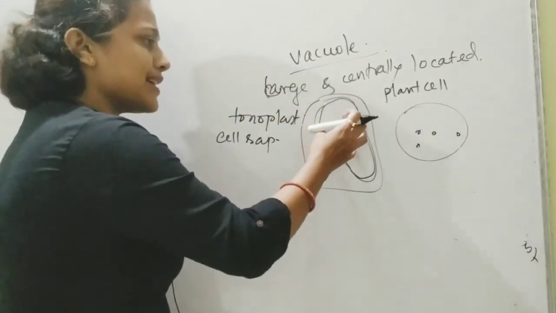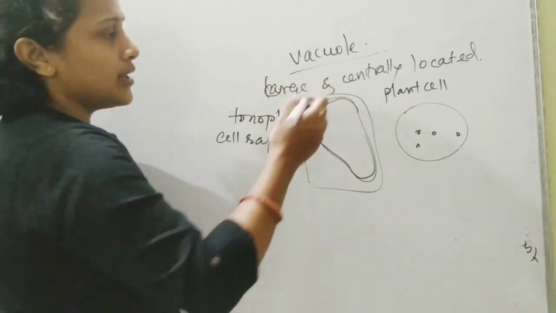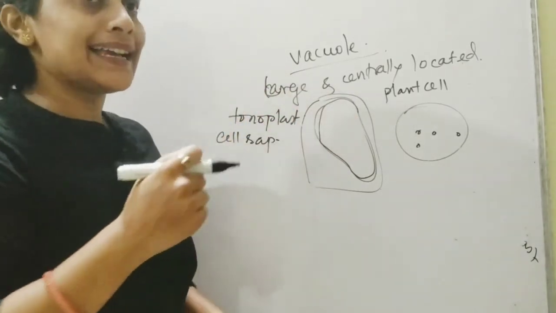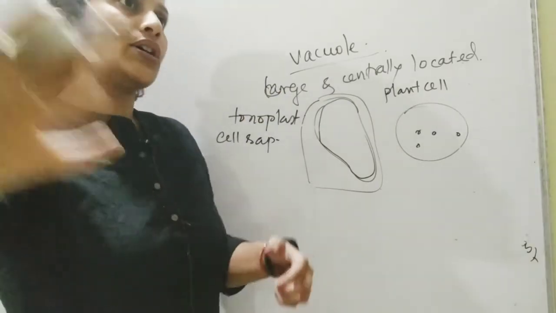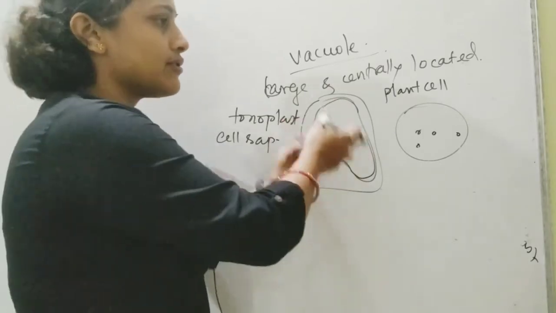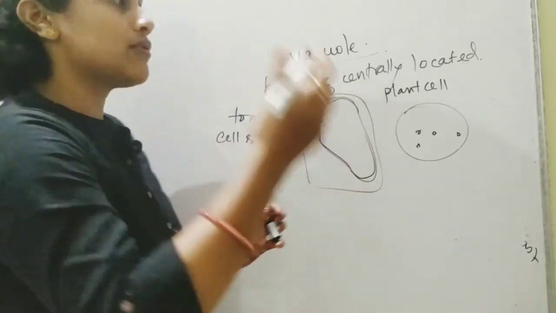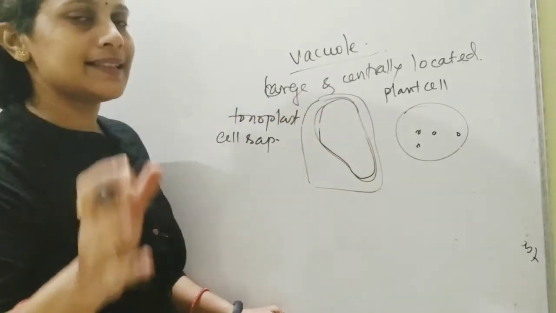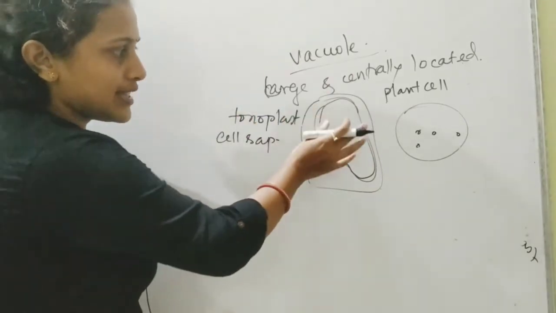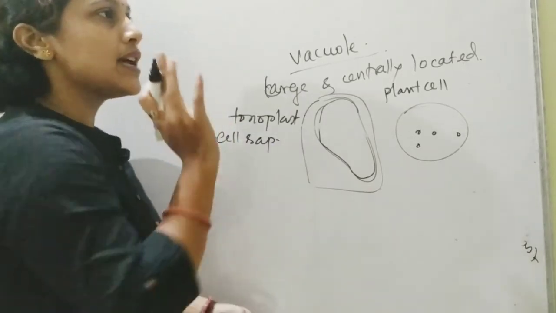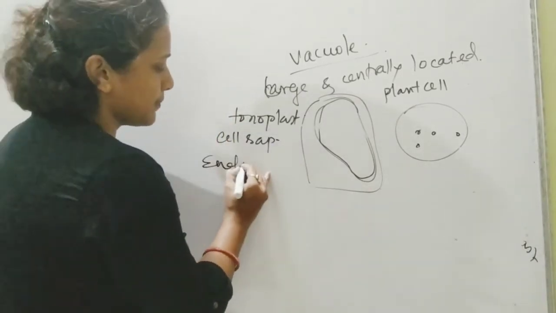The cell sap concentration is very important, and depending upon it, the plant will either absorb or lose water so that the concentration is maintained. We talk about endosmosis and exosmosis. It is completely based upon the concentration of the cell sap present in the vacuole. So if the cell sap concentration is very high in comparison to the outer environment, then there will be endosmosis.